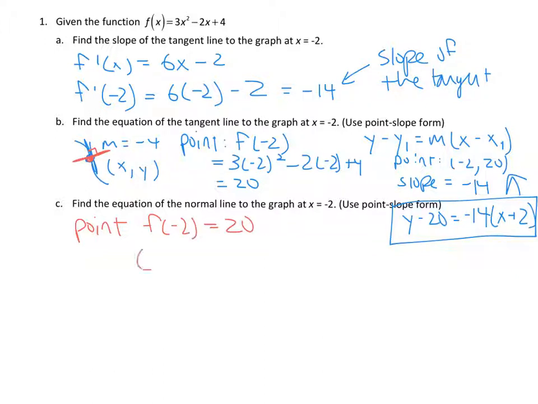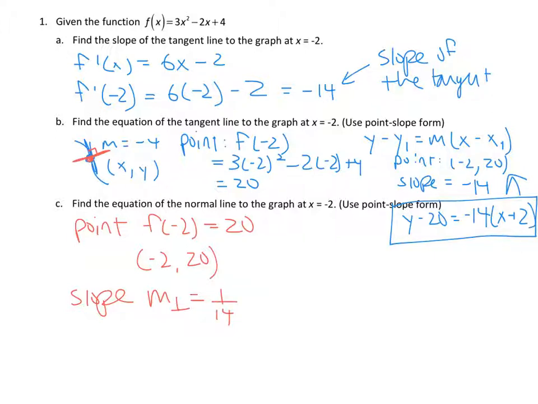So our point is -2, 20. And we need the slope of the normal line. Now the slope is going to be the perpendicular slope. So if the slope of my tangent line was -14, the perpendicular slope is the opposite reciprocal. Negative changes to positive, and the reciprocal of 14 over 1 is 1 over 14.